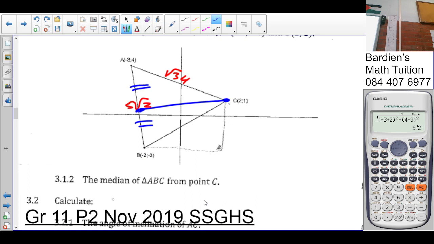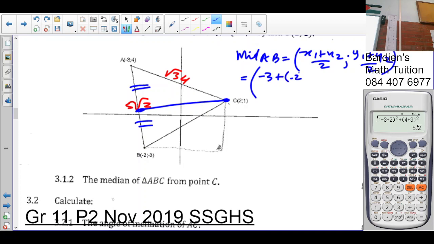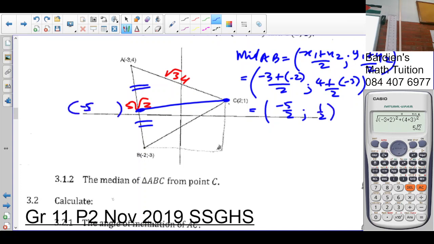So let's see here. We say the midpoint of AB is going to be (x1 plus x2) over 2, (y1 plus y2) over 2. Okay, so it's (negative 3 plus negative 2) over 2, and then (4 plus negative 3) over 2. So that gives us negative 5 over 2 and a half. Alright.